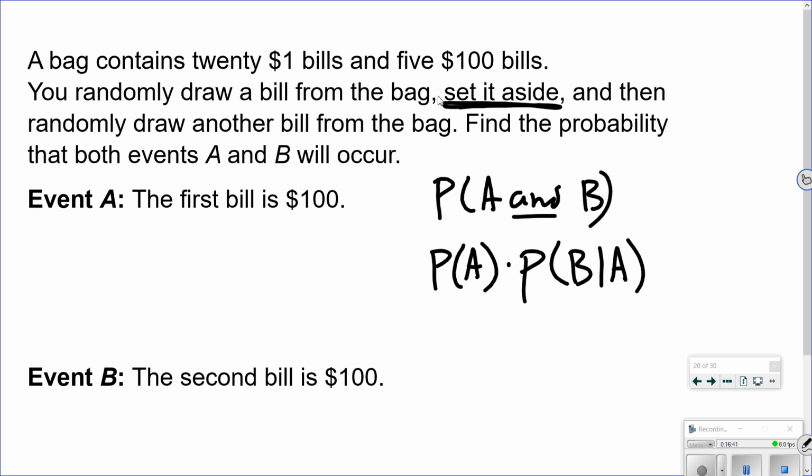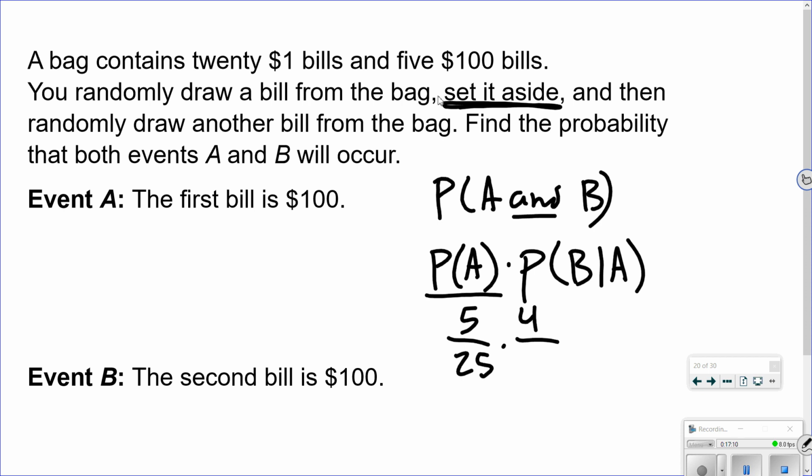So what's the probability of A happening? How many $100 bills were there? There were 5. How many bills are there altogether? Well, it says there's 20 ones, 5 hundreds, so there's 25 altogether. Okay, we're going to multiply that. What is the probability of B happening given that A already happened? So we're assuming that I already took out a $100 bill. So if I already took out a $100 bill, now there's only 4 $100 bills left.